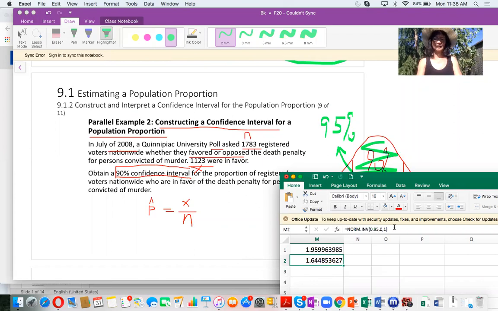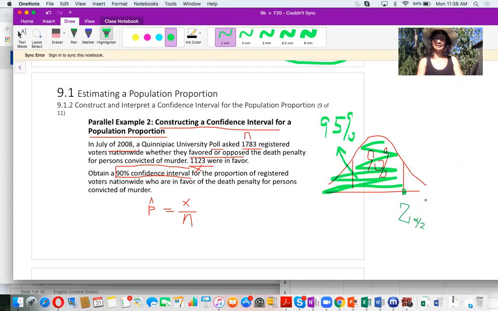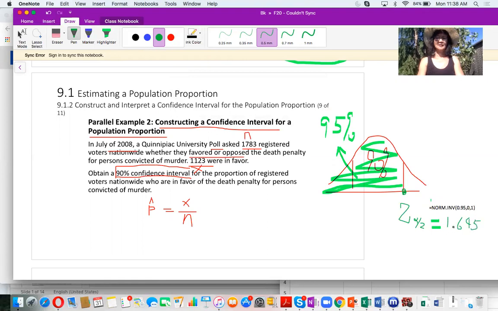So I'm going to just copy this. So Z value equal to 1.645. All right. So you have the Z half alpha.